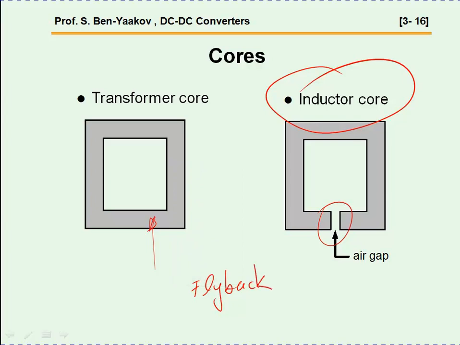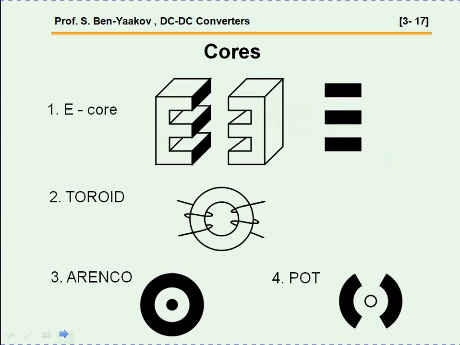It is not a transformer, it is a coupled inductor. That is an inductor with two windings, and it does have a gap. So gaps are coming in various shapes. There are a few examples here. There are many shapes and forms, and it's a story by itself, which is really outside the scope of this presentation.